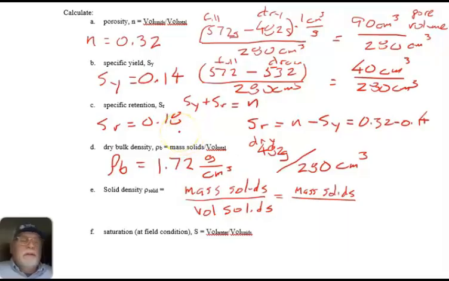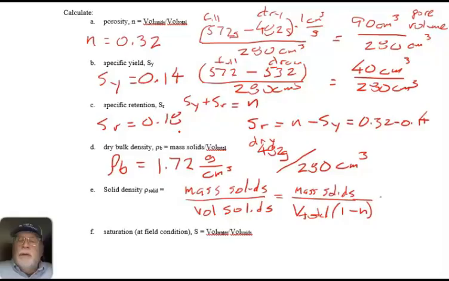That means 68% is solids. So I'm going to write it like that. Volume total times 1 minus the porosity. Again, if porosity is 32% is spaces, then 68% or 0.68 fraction is going to be solids.